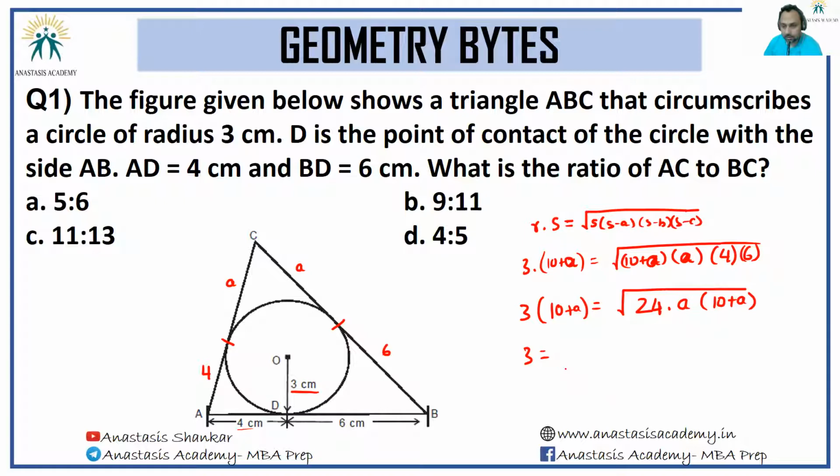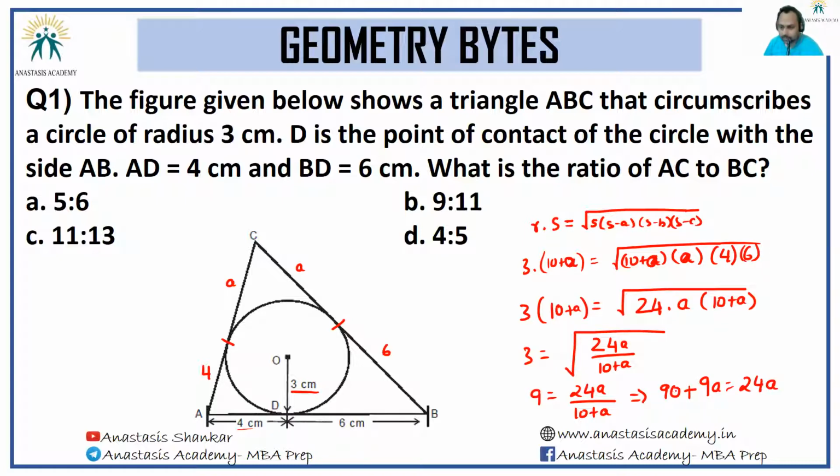3 is equal to under root of 24A by (10 plus A). Basically, this 10 plus A I cancel, and I'm left with the root here. Take it to the other side, squaring. This I can turn into 9 is equal to 24A by (10 plus A), which gives me 90 plus 9A is equal to 24A.